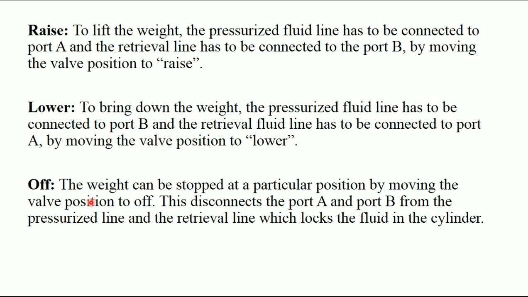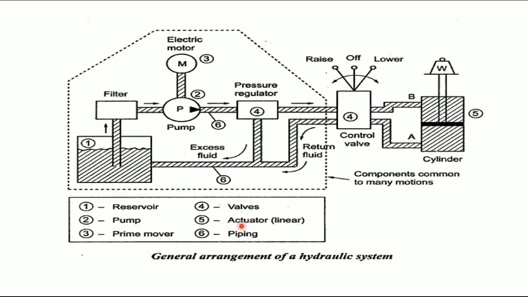Then off: the weight can be stopped at a particular position by moving the valve position to off. This disconnects ports A and B from the pressurized line and the retrieval line, which locks the fluid in the cylinder. So this is the general arrangement of a hydraulic system.